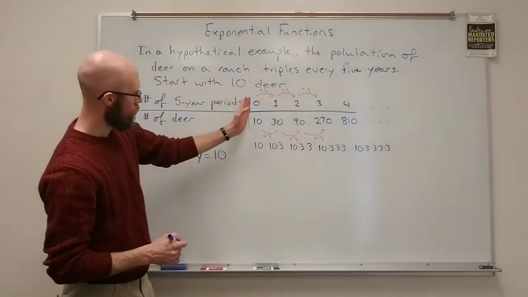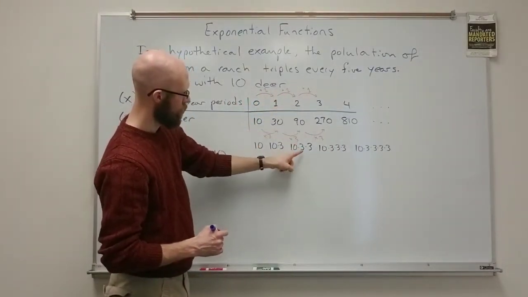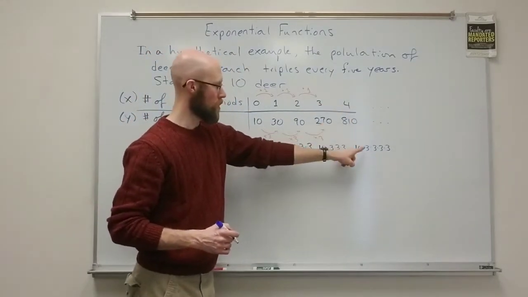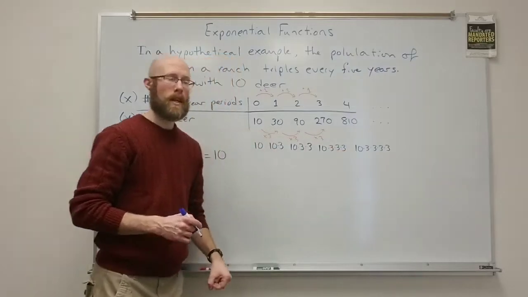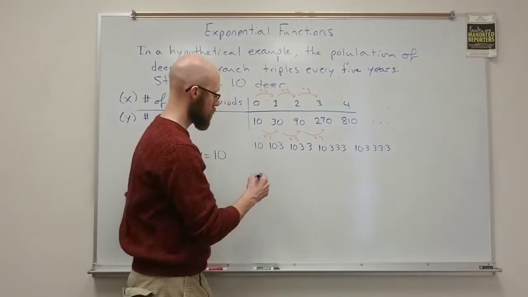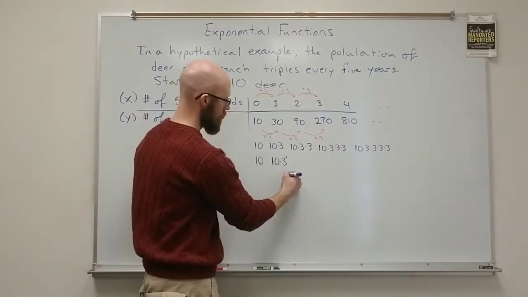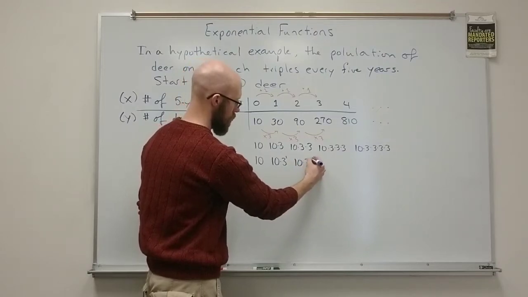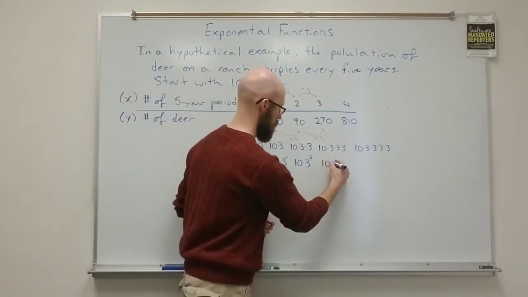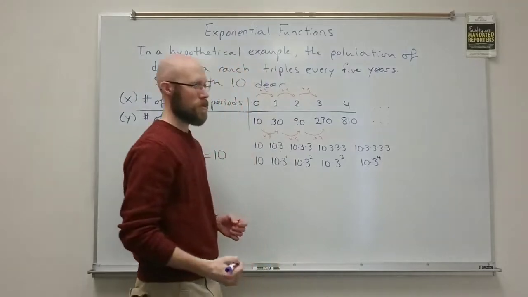As you notice, as you go along, the number of the 5-year period will correspond to the number of 3's in the value, right? The 4th period is 10 times four 3's. And so you're going to get a representation in shorthand where the number of 3's can be represented as an exponential: 3 squared, 3 to the third, 3 to the fourth, and so on.